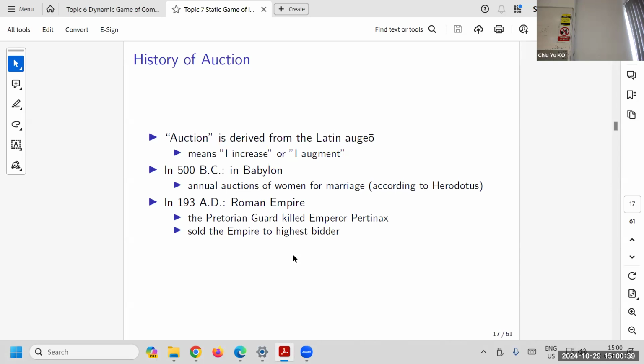And remember, it's not the standard auction, it's a Dutch auction. You start from a very high price, and if you want to marry this woman, you pay it, then you get the woman, okay.